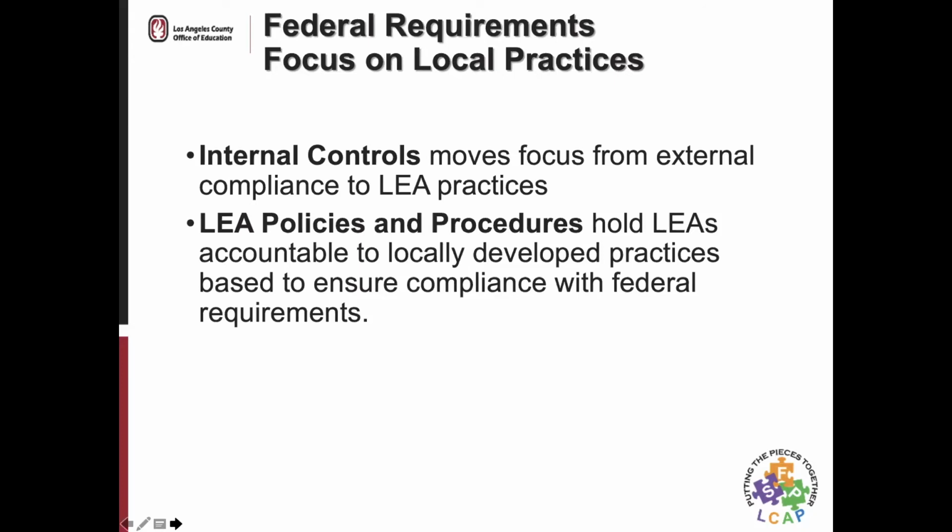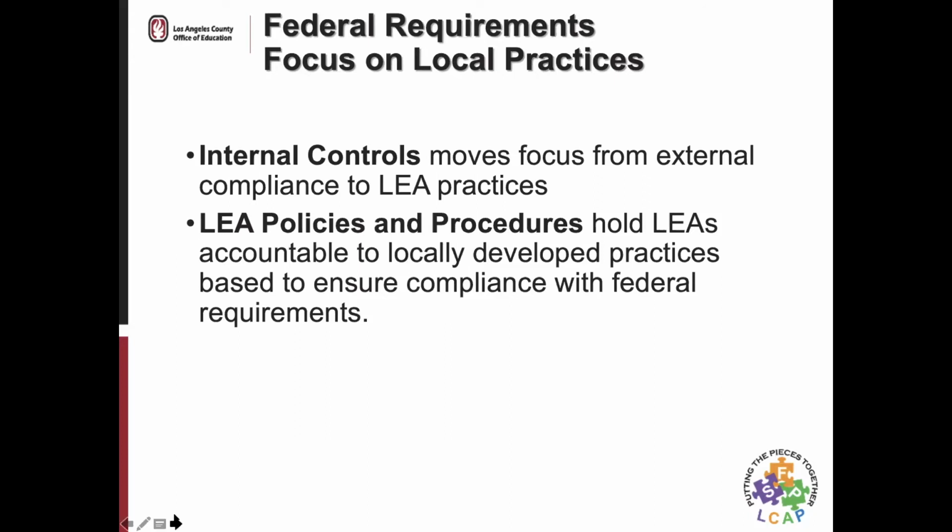Those policies and procedures are what you need to follow in order to be compliant in many places. It's not that we're saying you have to do it this way. One key example is time and effort reporting. Under federal law in the past, it was very clear you have to do PARs, you have to do all these pieces. Now they're saying, what are your policies and procedures that meet all these criteria? So internal controls and policies and procedures are a significant part of federal accountability.